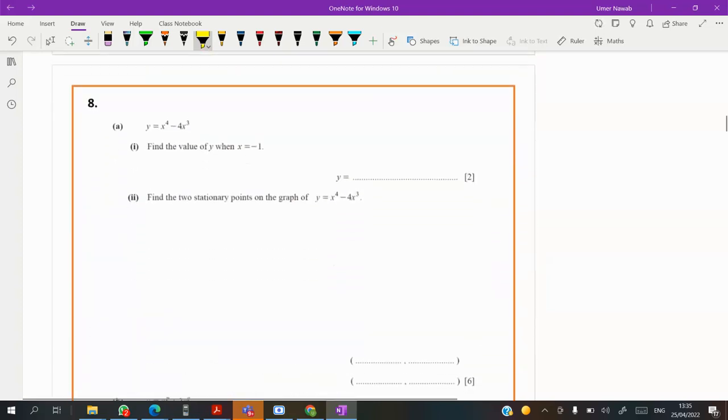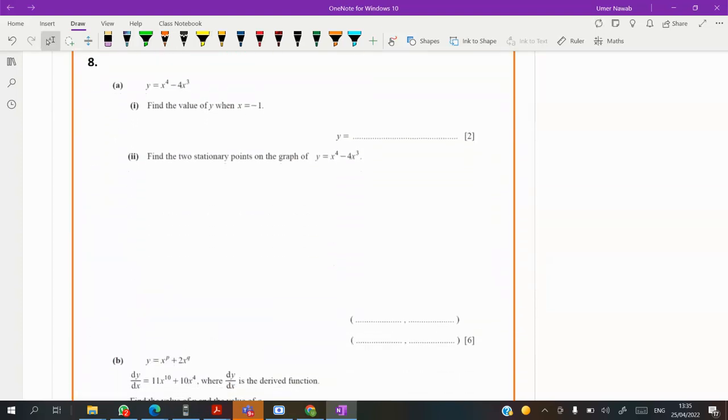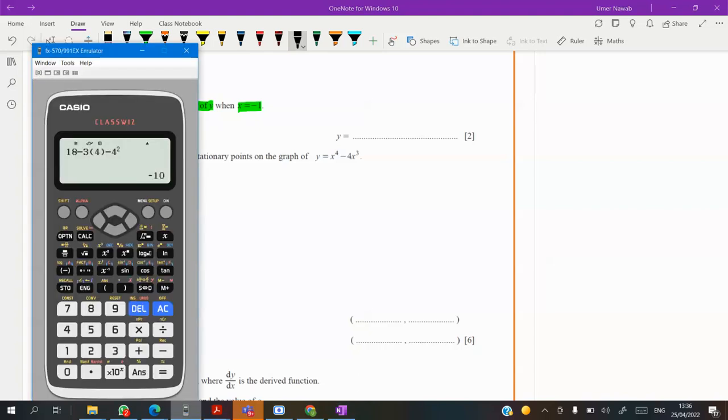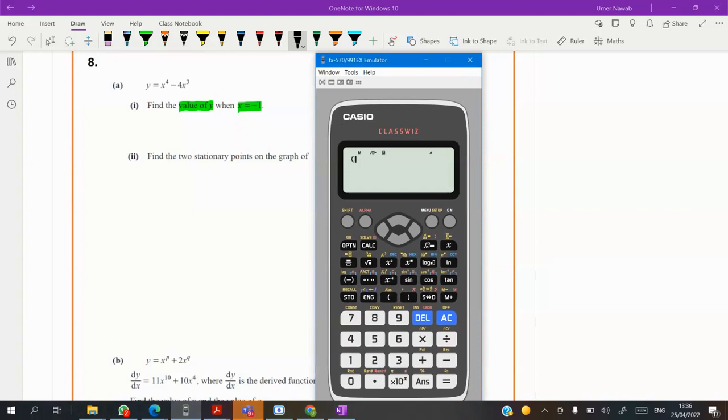Now we go to question number 8. He said find the value of y. So can I plug x is equal to minus 1? Use calculator. Bracket open, close, power 4, minus 4, bracket open, close, power 3.